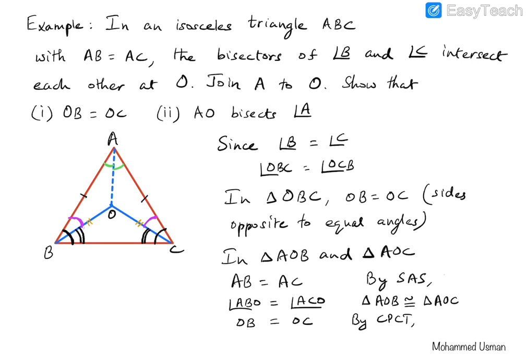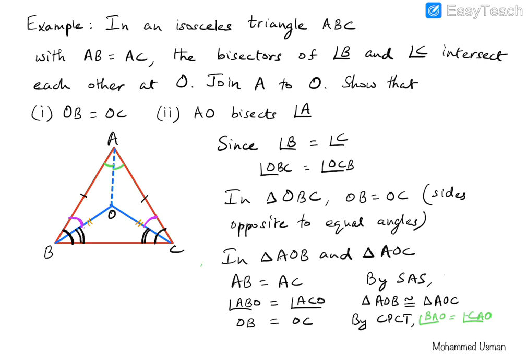So by CPCT, angle BAO is equal to angle CAO. That means the line AO is bisecting angle A.